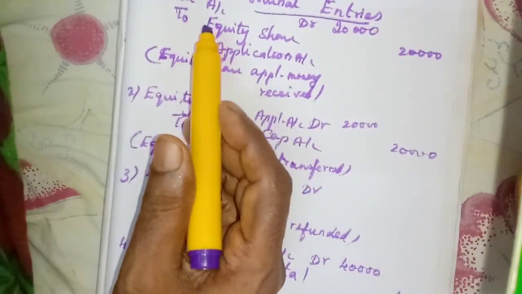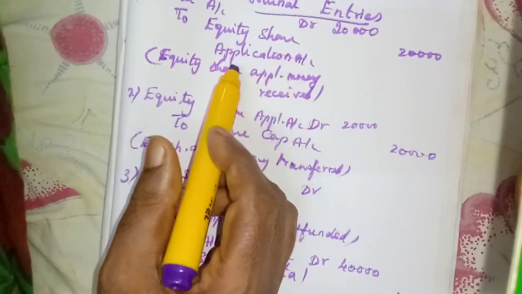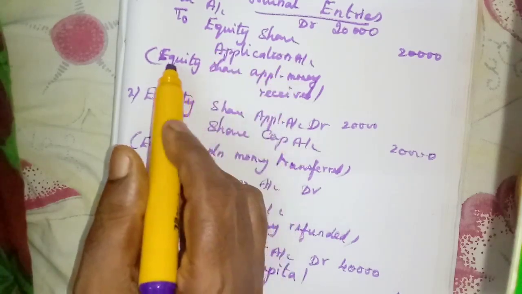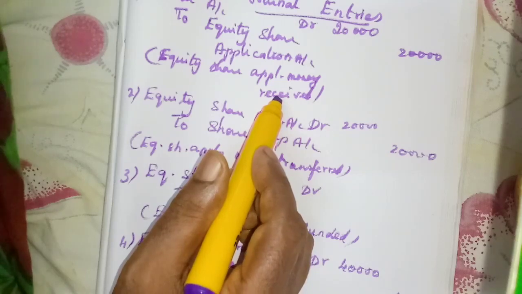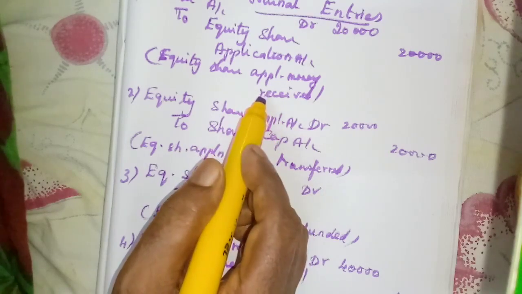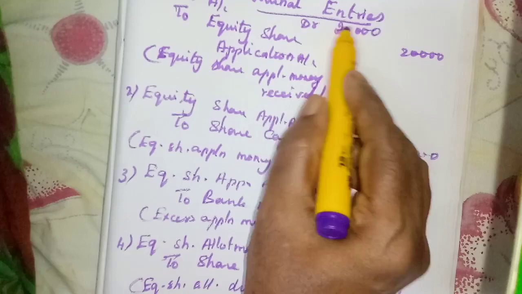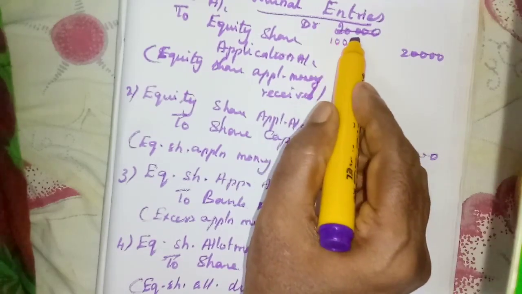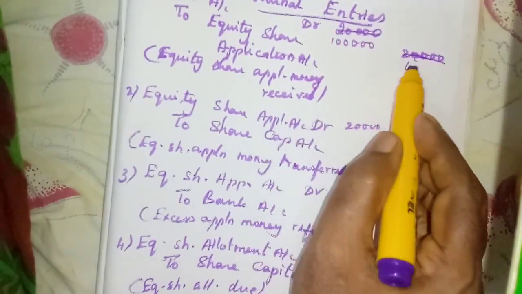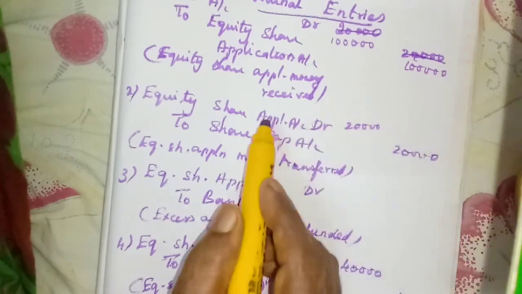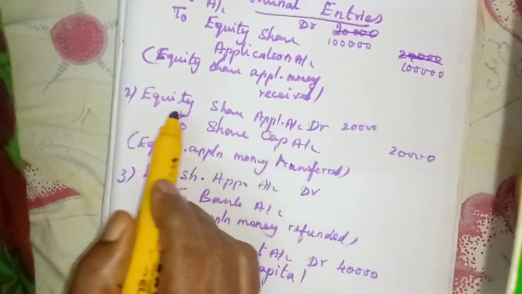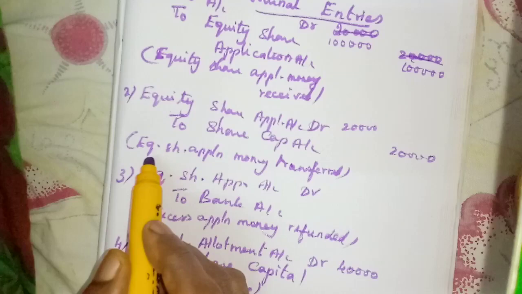Here, bank account debtor to equity share application account. Equity share application money received. Here 50,000 shares into 2. So how much? 1 lakh. Okay. Then equity share application account debtor to share capital.